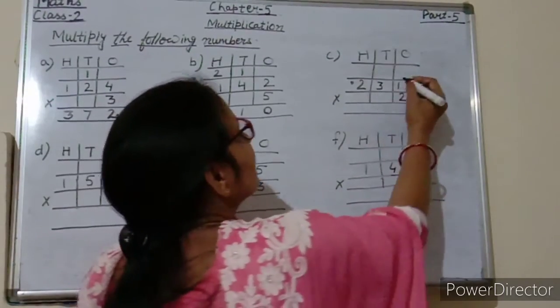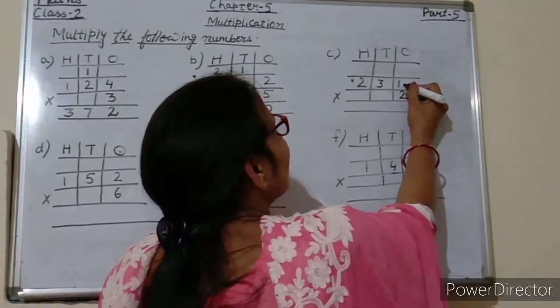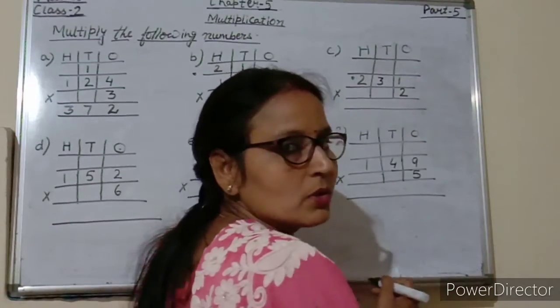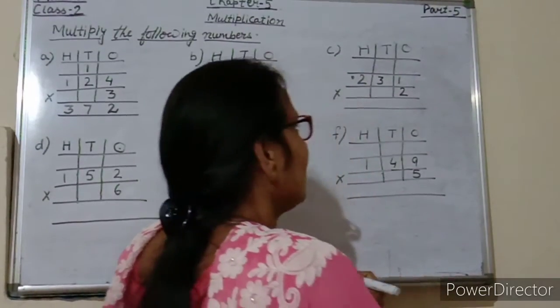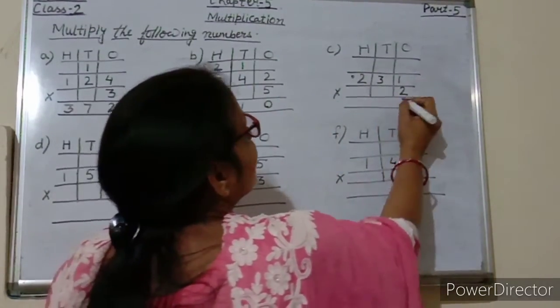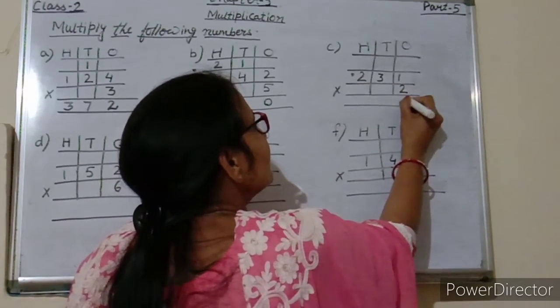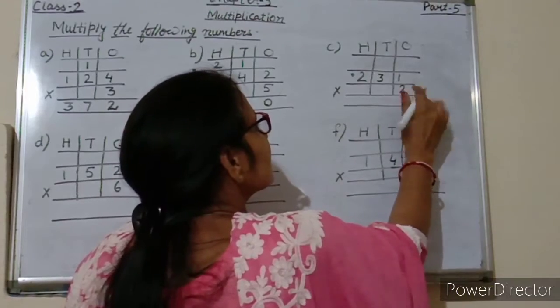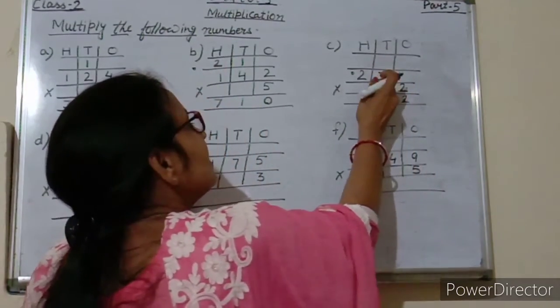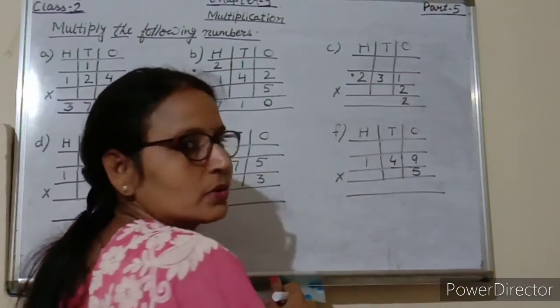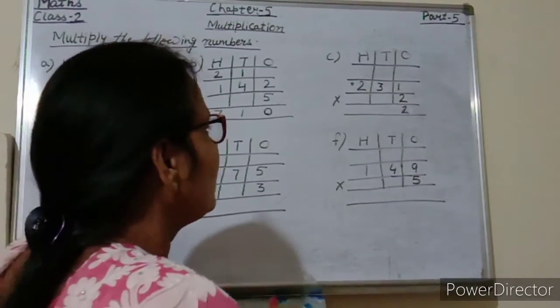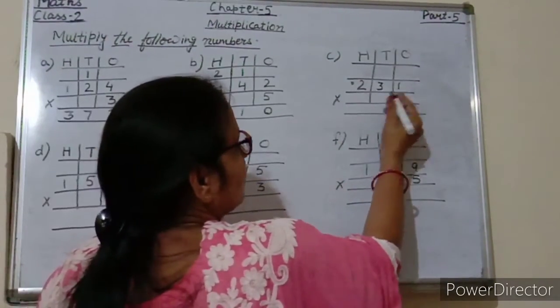Now come to the next. 231 into 2. 1 one into 2 is 2 ones. So 2 we will write under the ones column. And here 3 tens into 2, 3 twos are 6, so 6 tens.